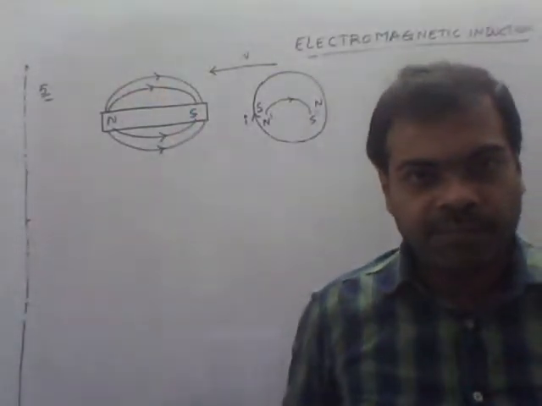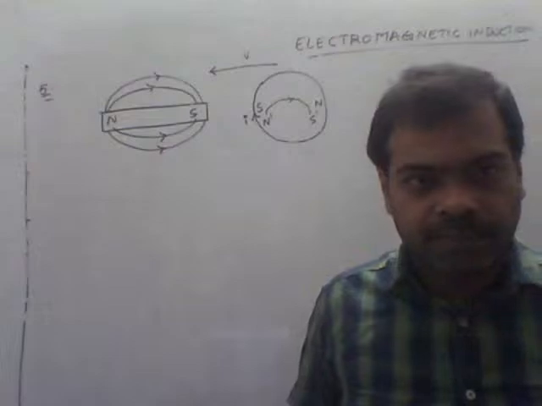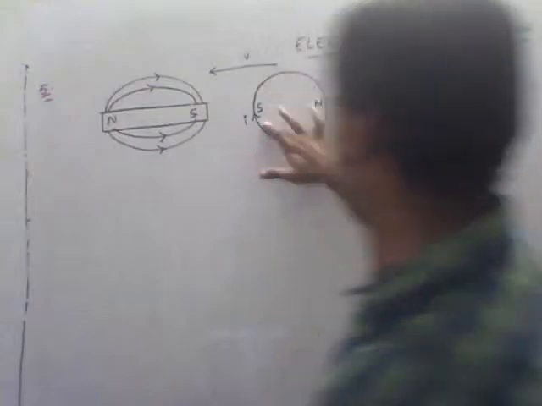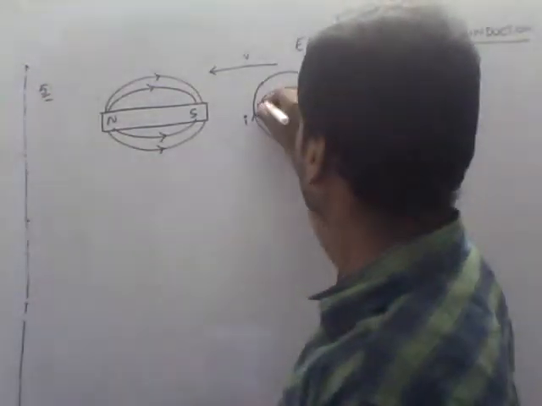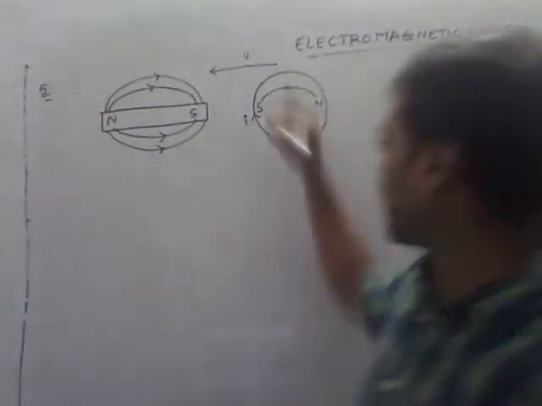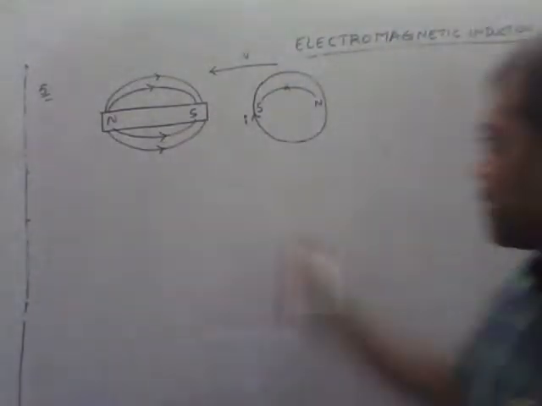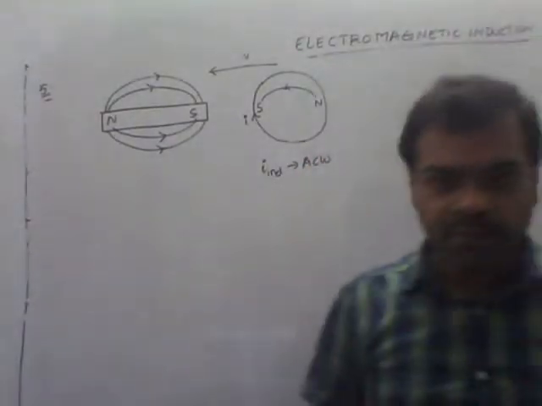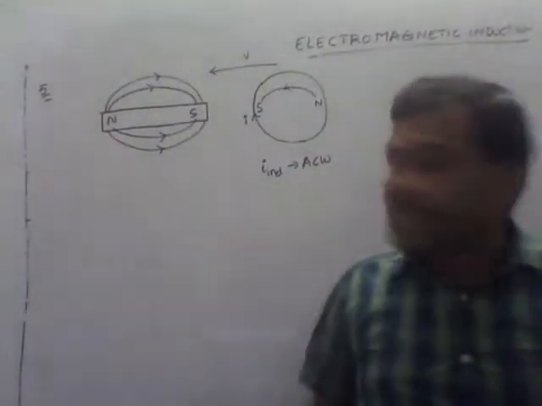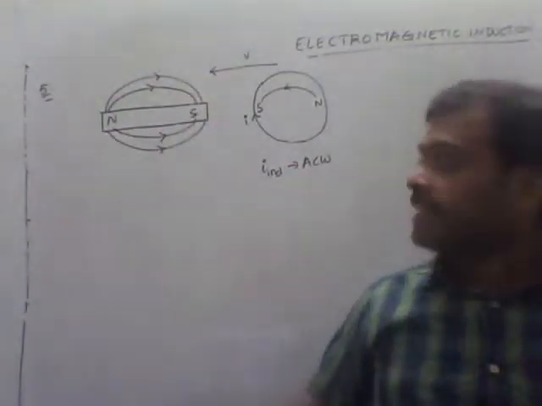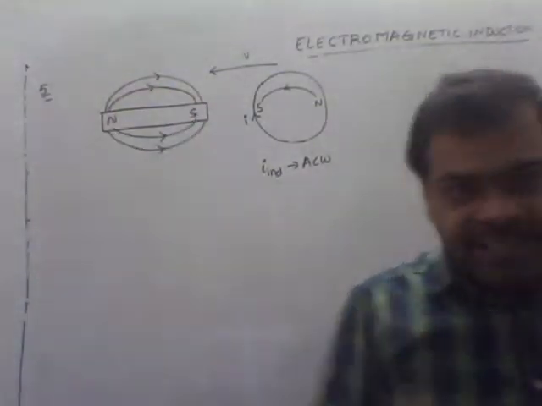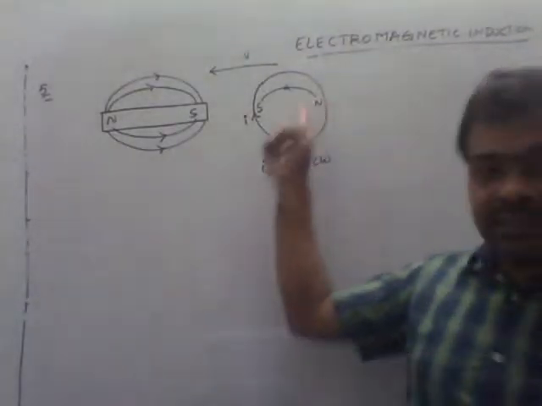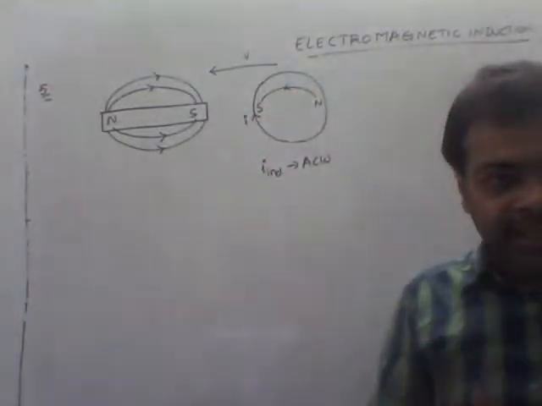The induced current will move in the anti-clockwise direction. So in the magnet, current is moving in the approximately clockwise direction, and the induced current in the coil is moving in the anti-clockwise direction.